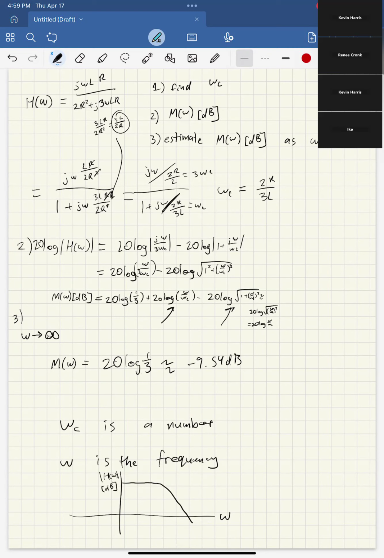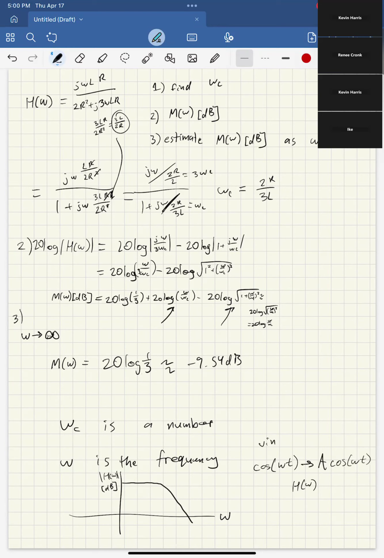What the transfer function says is, if I put in some sinusoidal input, like a cosine of some frequency omega t, as the v in, then H of omega tells us what the magnitude will be for the output.